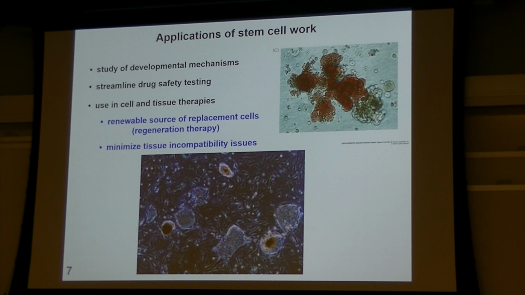Okay, stem cells have a lot of interest these days in the scientific community for a number of different reasons, and here are just some of the reasons why people find these interesting. One is that they are a tool for us to try to understand how cells make these choices about cell fate.